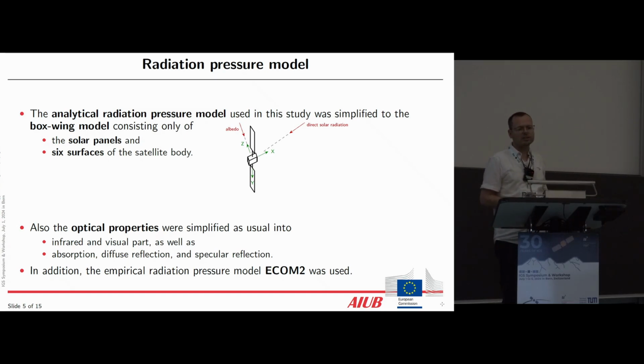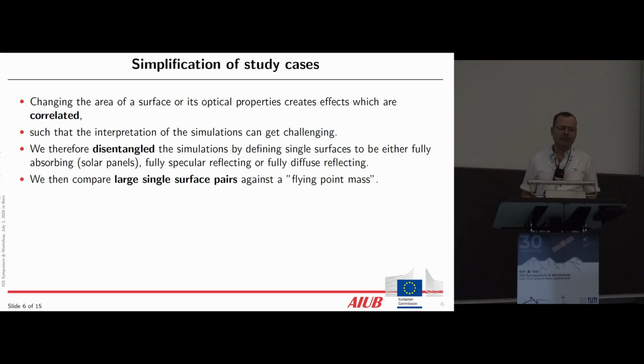If one changes the area of a surface, or also its properties, this creates effects which are correlated. So this is a simulation project. We are free to adjust the box-wing model and look what happens. However, there are these correlations.